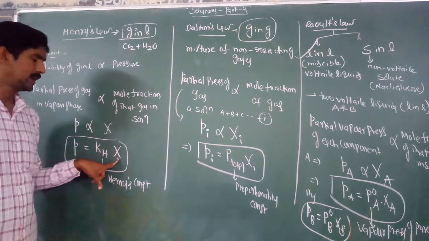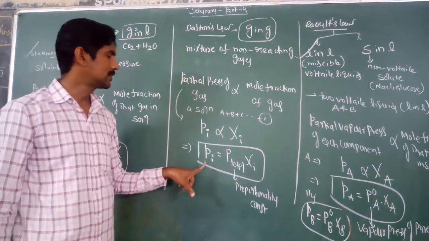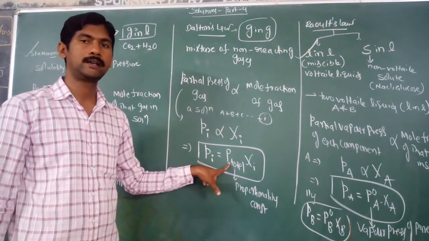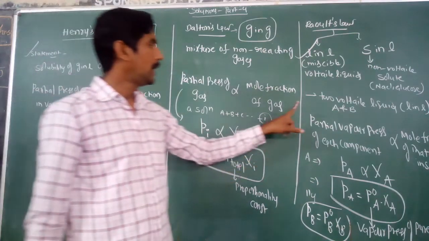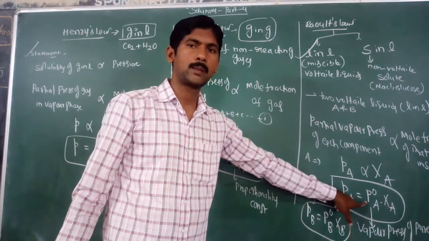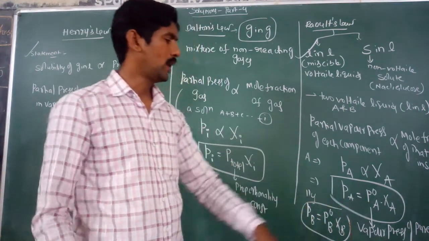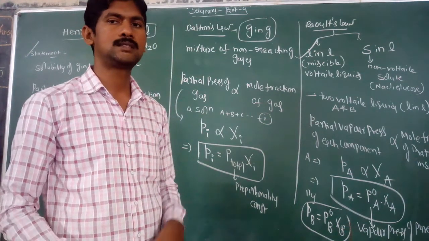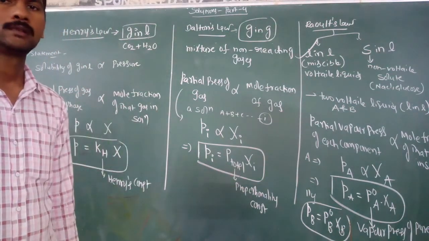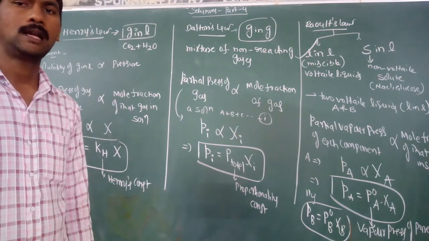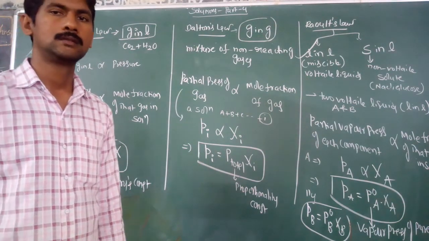P is equal to Kh into X. In Dalton's law, the proportionality constant is the total pressure, P total. And in Raoult's law, the proportionality constant is the vapor pressure of pure solvent. So these are the main differences between Henry's law, Raoult's law and Dalton's law.